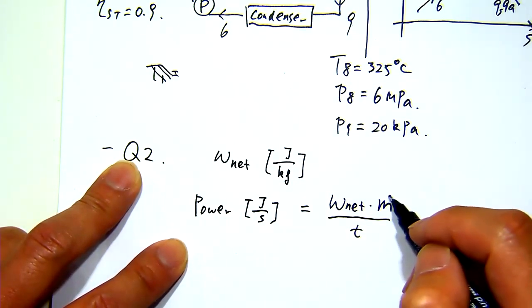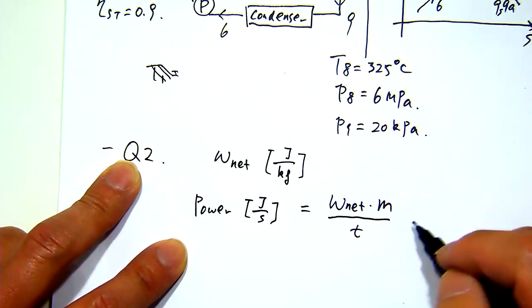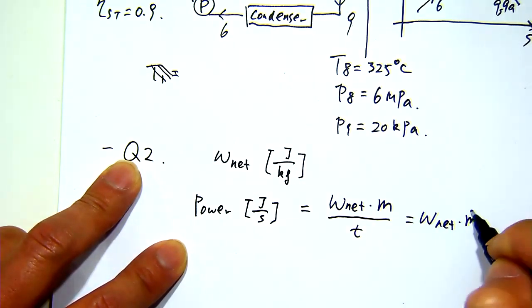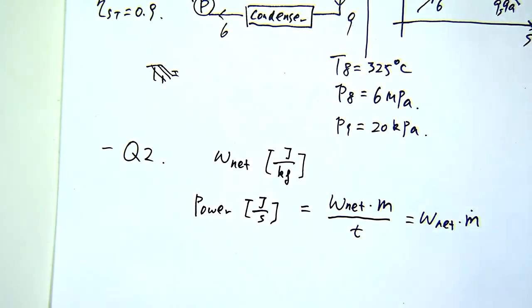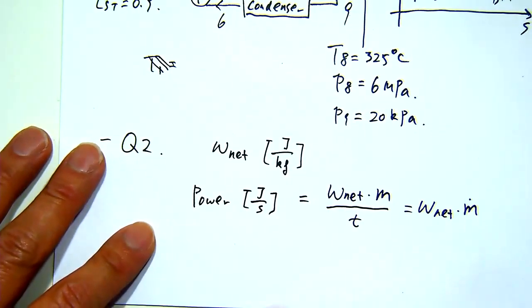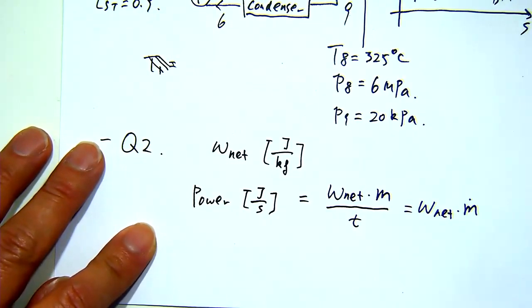And then you combine this mass versus time, so you would have the net work times the mass flow rate of your working fluid. All right, maybe I said too much. You should be able to figure that out if you understand the process.